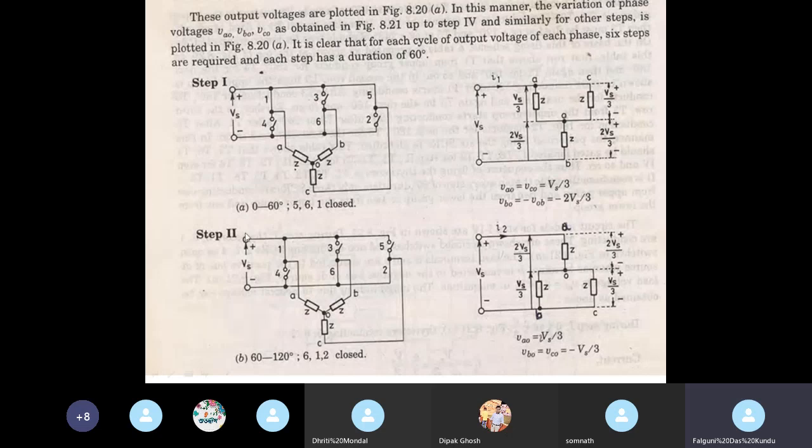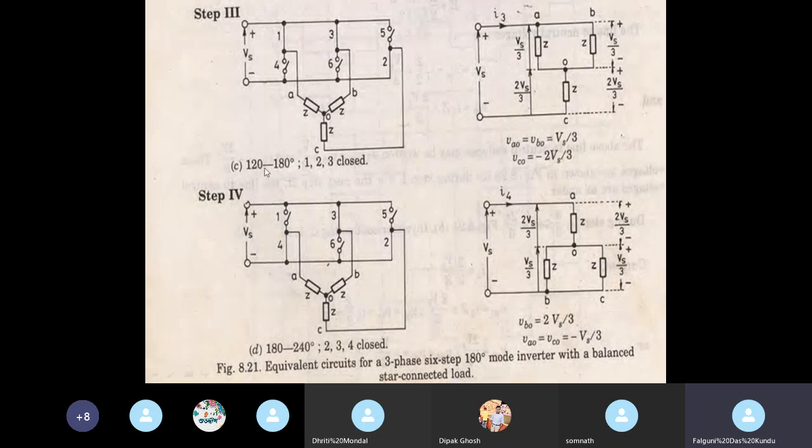So as 6 and 2 here are the lower group elements, that's why B and C are in parallel, and with B and C, A is in series, okay? So from here we get the value.